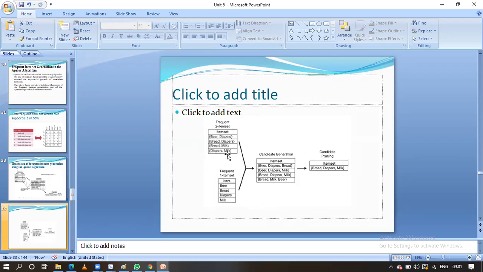Next, diapers and milk. To get the three item set, we combine with beer, bread, diapers, and milk. We got four combinations, based on the minimum support count. After the pruning, we got the answer as bread, diapers, and milk also. For understanding purposes, this one also we have to write.